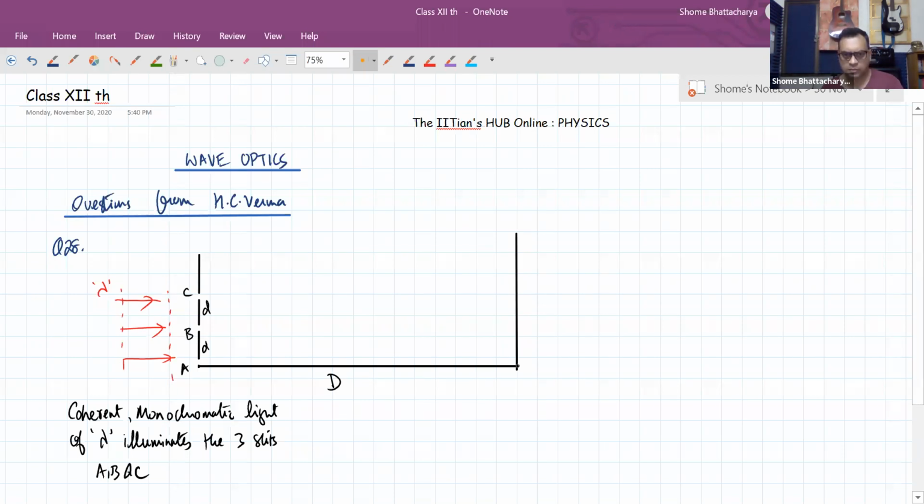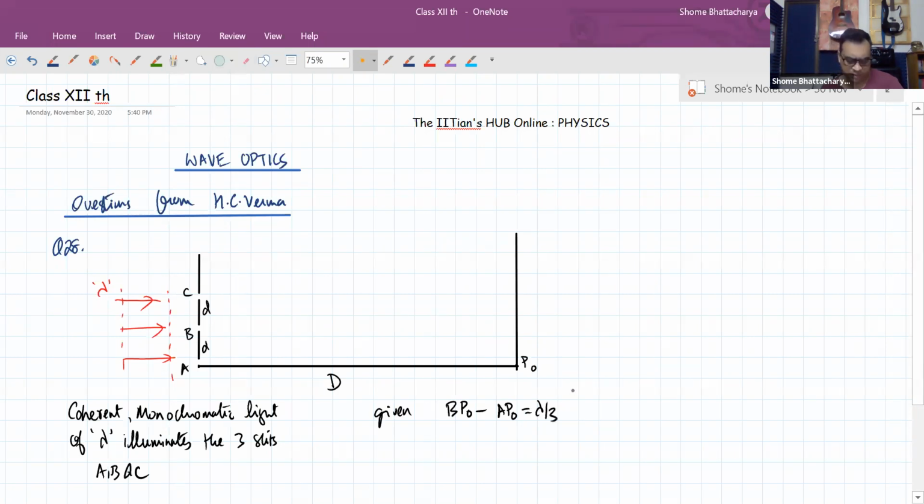Now this point on the screen here is labeled as P0. Okay. So it is given that the distance BP0 minus the distance AP0 is lambda by 3.